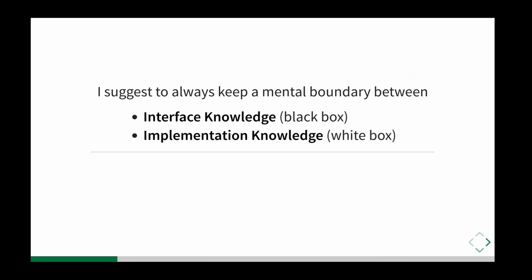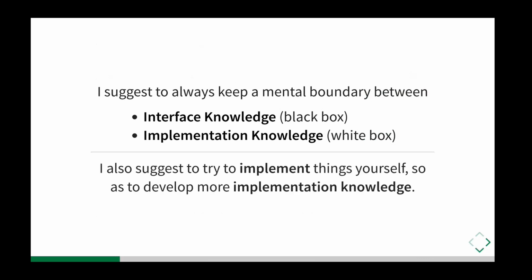So this is a general idea: keep a boundary between what we know as interface, like how input is mapped to output, and what we know about how it works internally, the single instructions and how they make the input go to the actual output. I also suggest trying to implement a few things yourself, because it is important to have implementation knowledge.